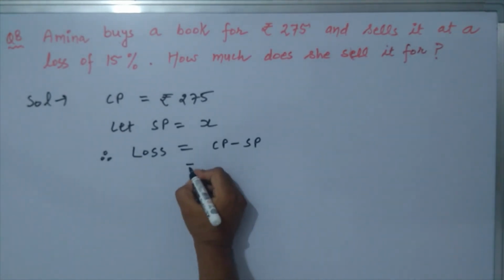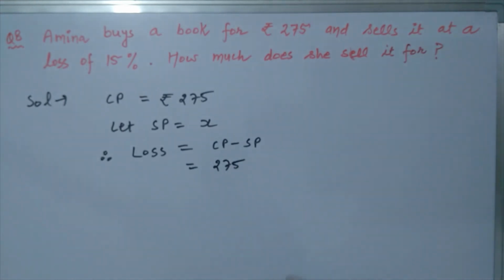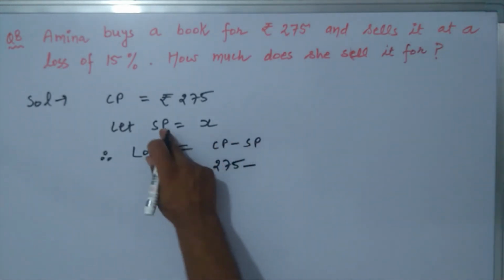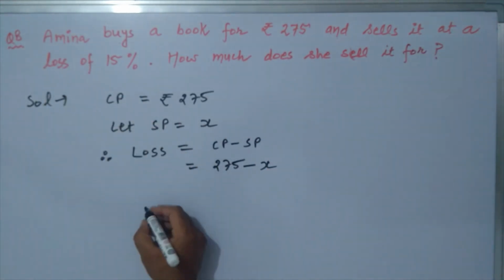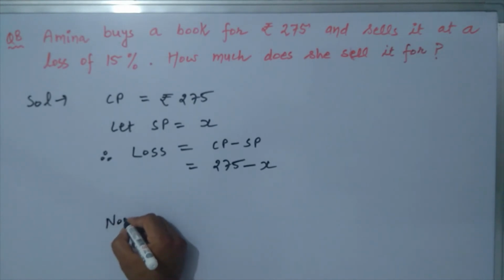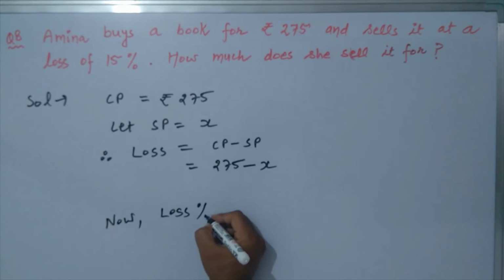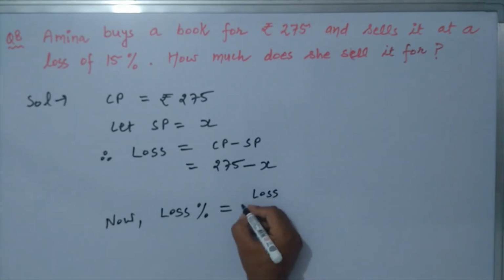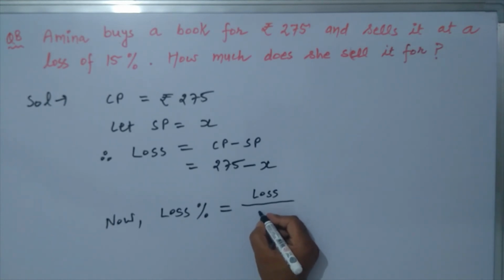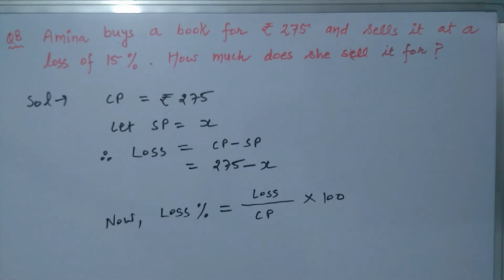That means cost price was 275 minus selling price X. Now loss is 15%. Loss percentage, the formula is loss divide cost price into 100.